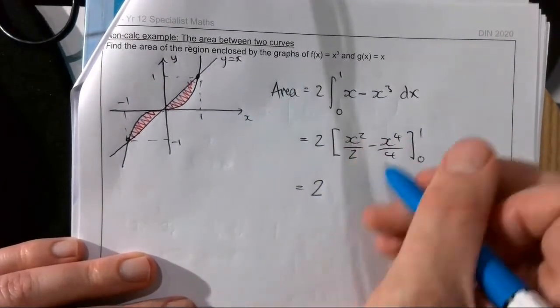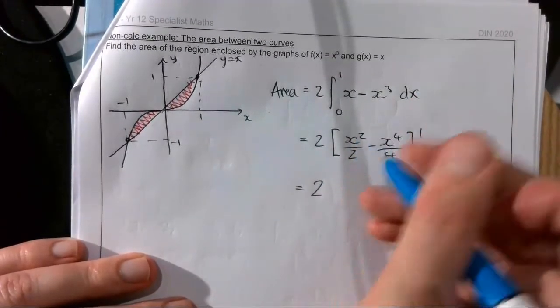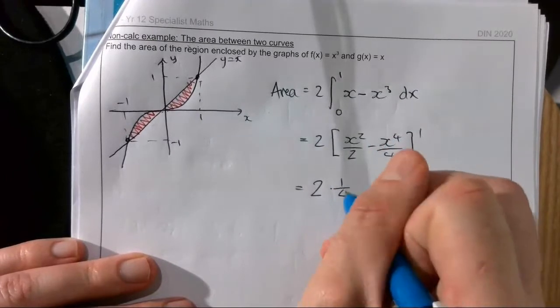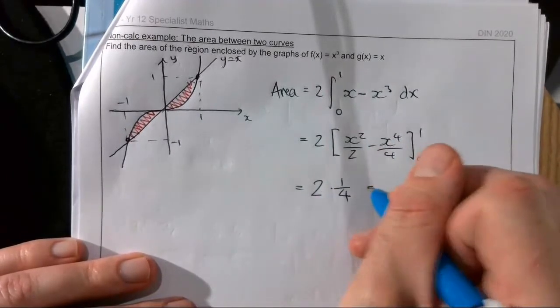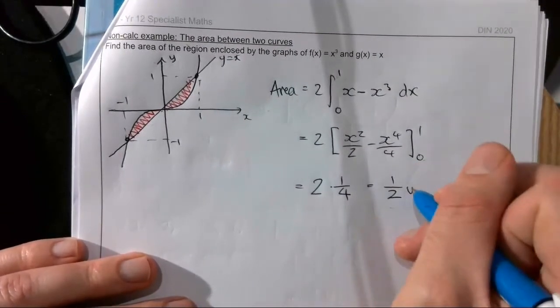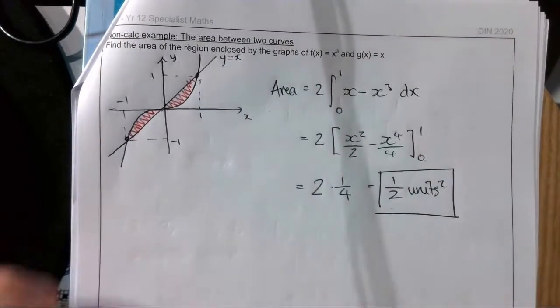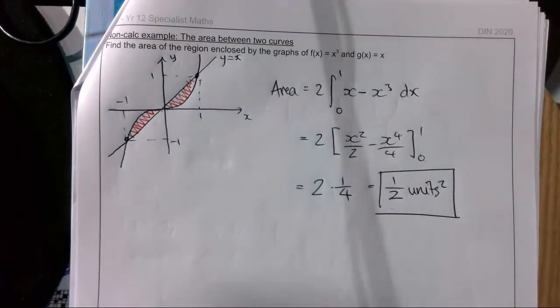Substituting in 0 is obviously going to give me 0. Substituting in 1 gives me a half minus a quarter. So 2 times a quarter, which is just a half units squared. So hopefully all okay with that.